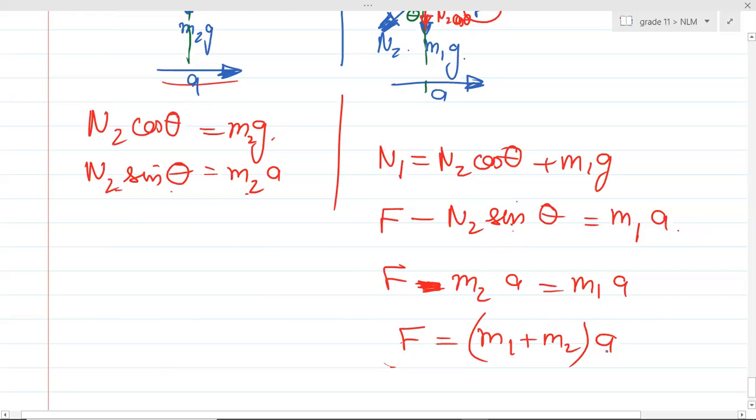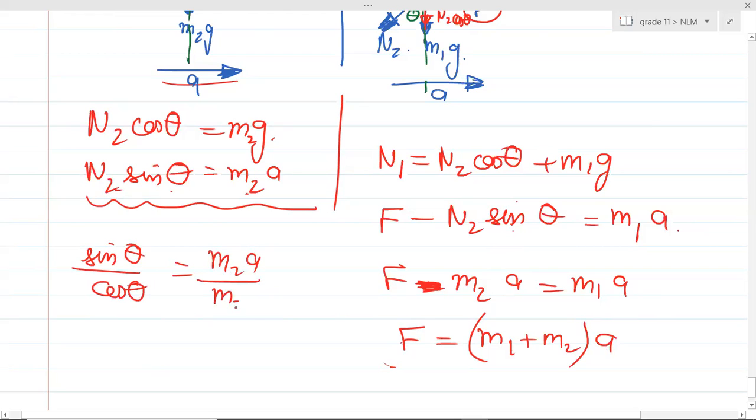But if I can just replace this acceleration, then my answer will be correct. So can you see from here, if I just divide these two equations together, sin theta by cos theta will be equal to M2A upon M2g. M2 from M2 will get cancelled.